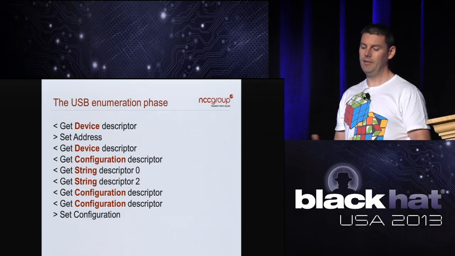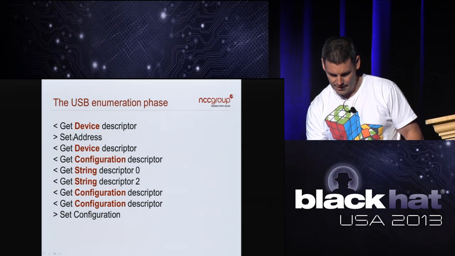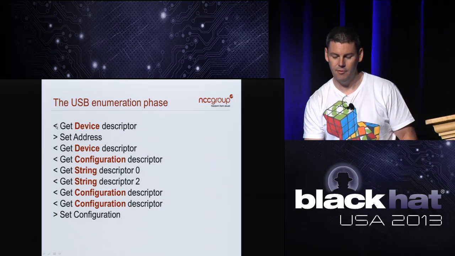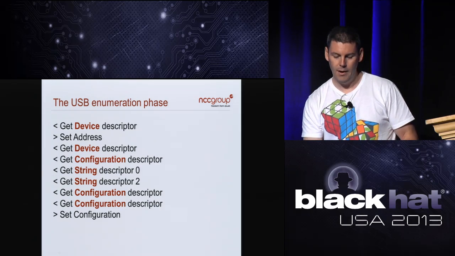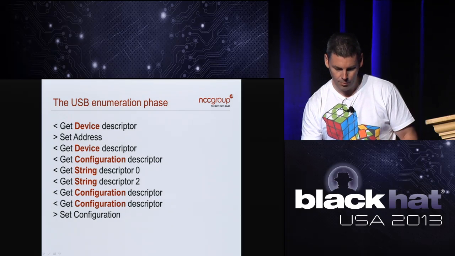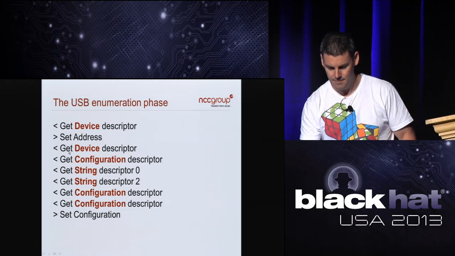So here's an example of a typical enumeration phase. The arrows at the beginning here are just indicating the direction of the traffic. For example, when a host asks for a device descriptor from a device, the device descriptor is being sent from device to host. Host then sets an address.